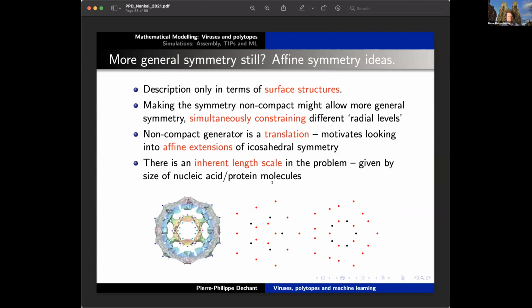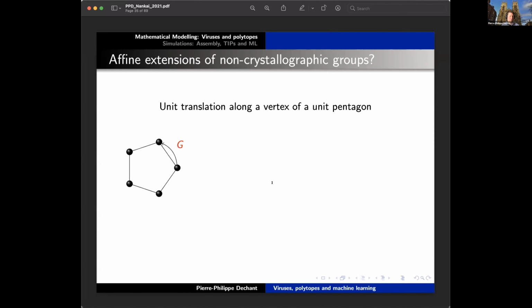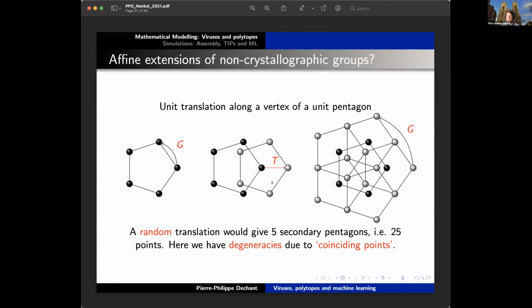I'll just quickly go over this because obviously for icosahedral symmetry, you can't have an affine extension in the traditional way, but you can sort of construct fragments that are extended and nested structures that are similar to what you might do in order to construct a hexagonal lattice using a translation and then taking the group orbit. You could do the same thing for a non-crystallographic symmetry, translate, take the orbit, and you get these nested structures.